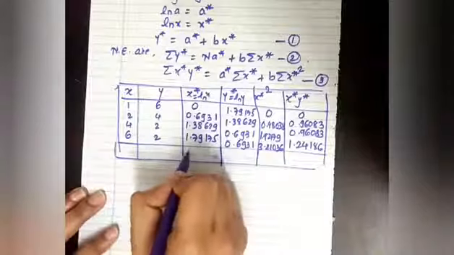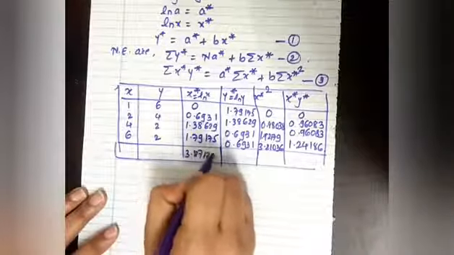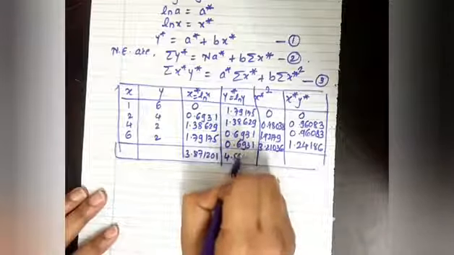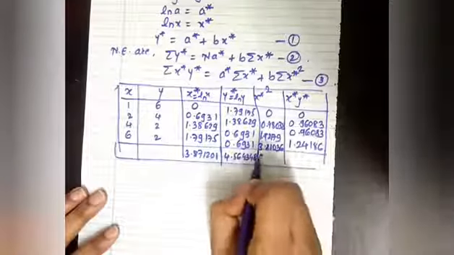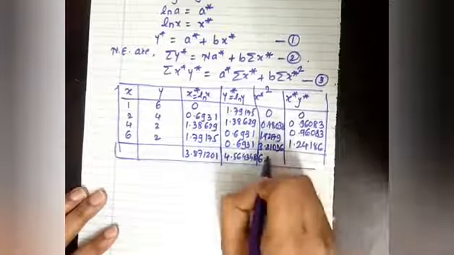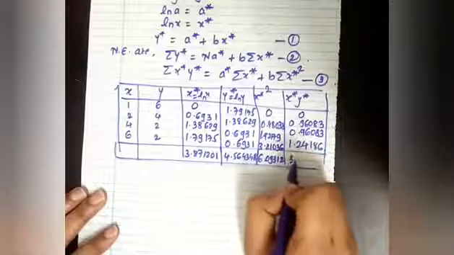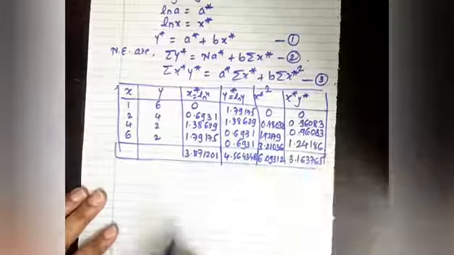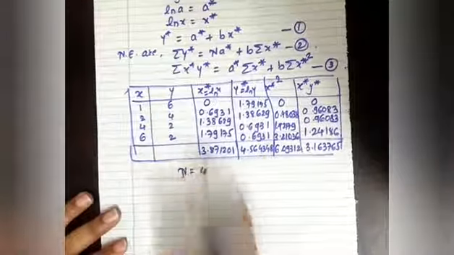We get summation x star as 3.871201, summation y star as 4.564348, summation x star square as 6.09312, summation x star y star as 3.163765. And we need capital N also. Capital N is the total number of observations, that is equal to 4.